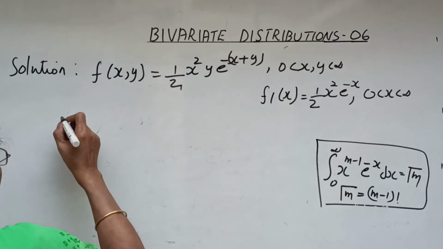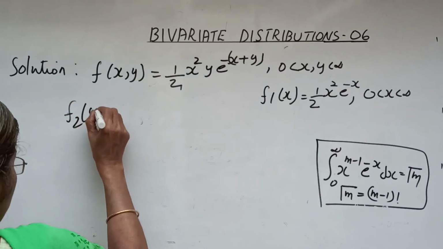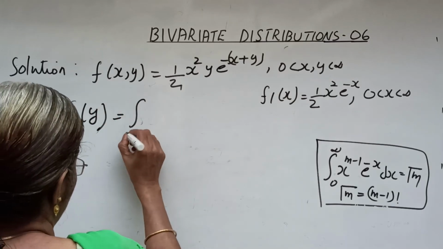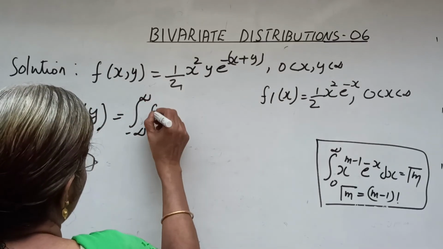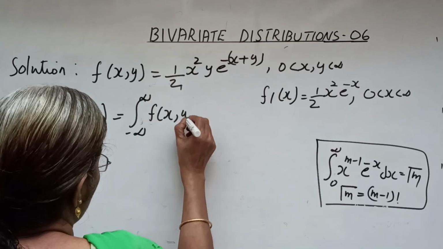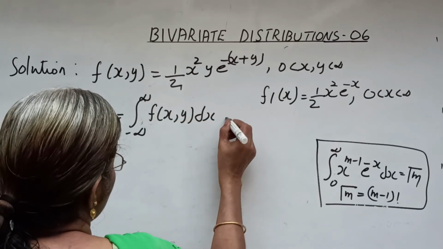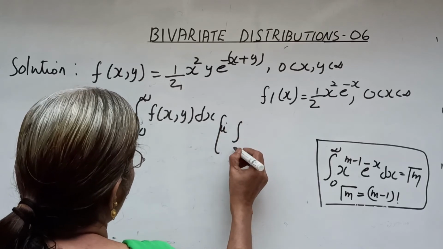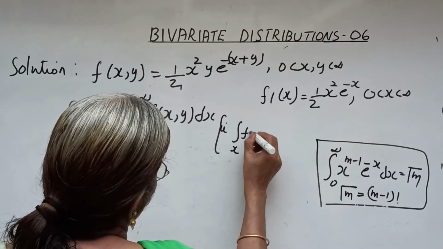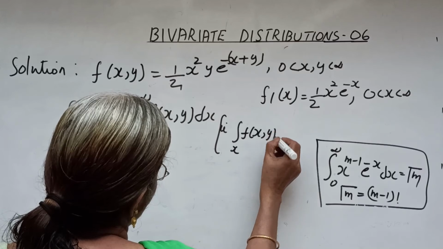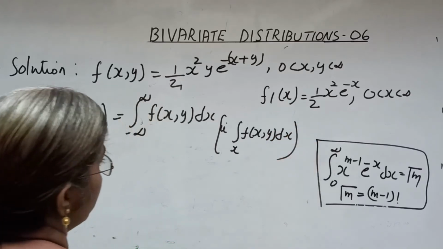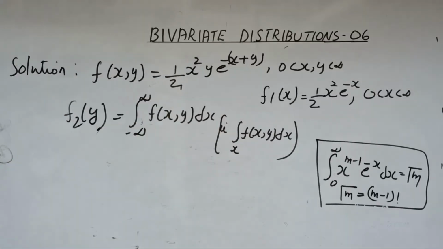Let me write f2y, the marginal distribution of y, equal to the integral of f of xy dx, that is, the integral over x of f of xy dx gives f2y.